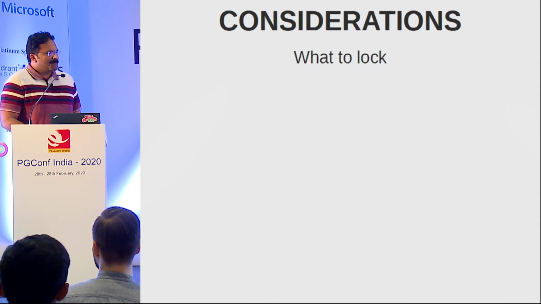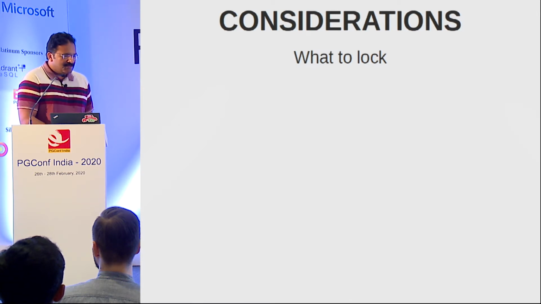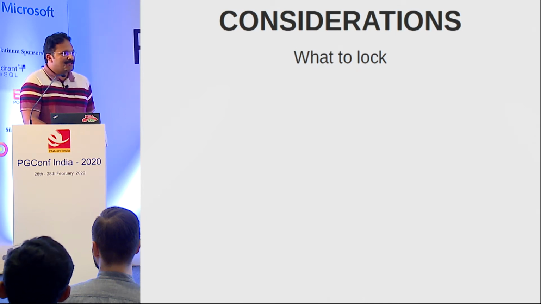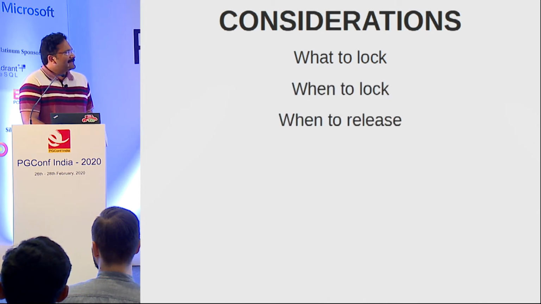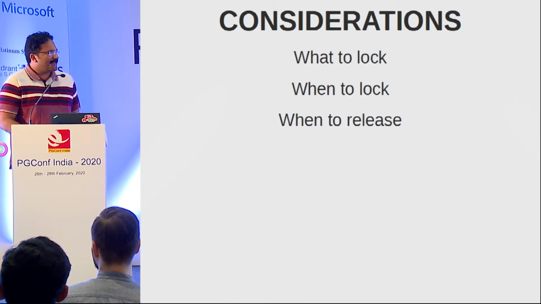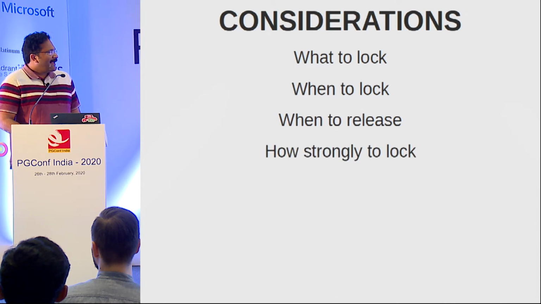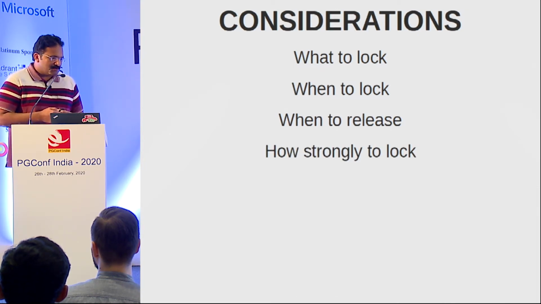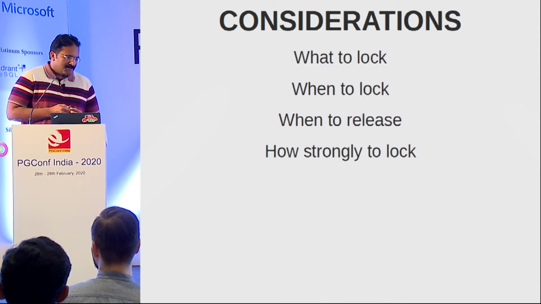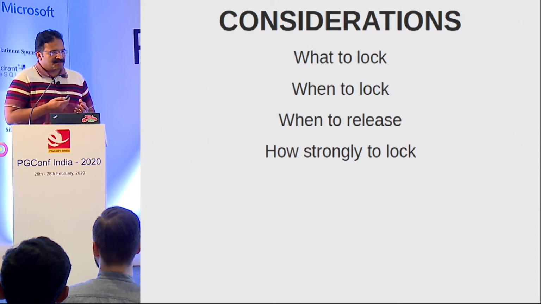So to summarize, the scope of a lock should be as specific as possible so as to reduce contention, and the lifetime of a lock should be no longer than necessary, again, to reduce contention. And the strength of the lock should be congruent to what you are actually doing with it, what you need to exclude, and no more.